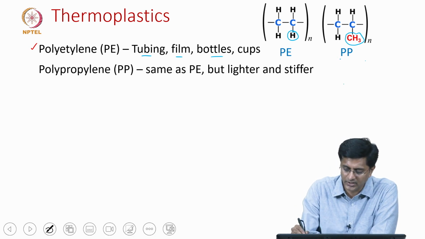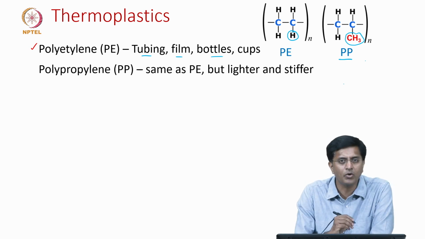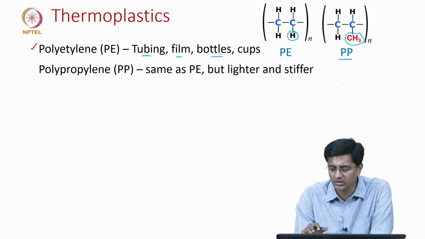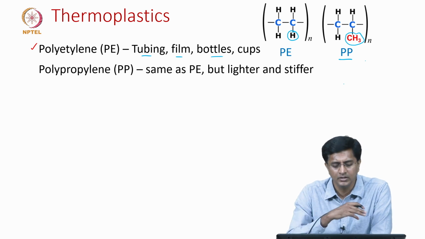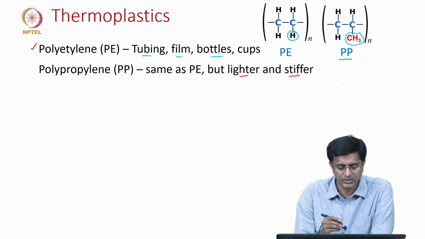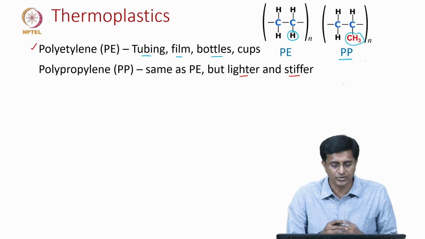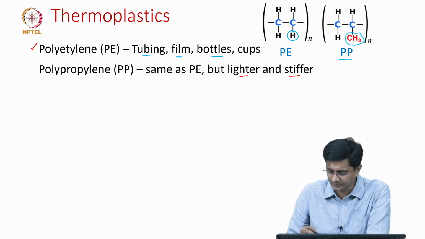In short we call it PP. It is a bit lighter and stiffer, which is why it has replaced polyethylene in most applications.